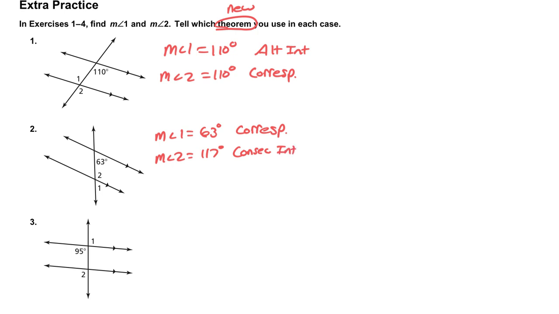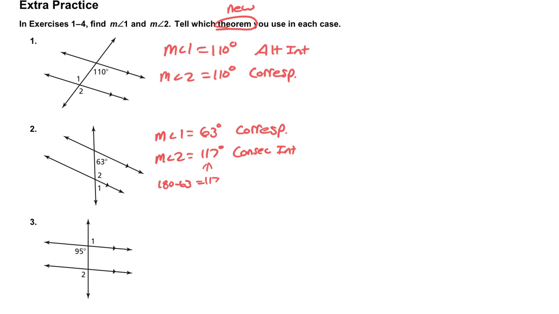So for example, I can say that 180 minus 63 equals that 117 degrees. That's how I got that. But I can get that because of the consecutive interior angles theorem.